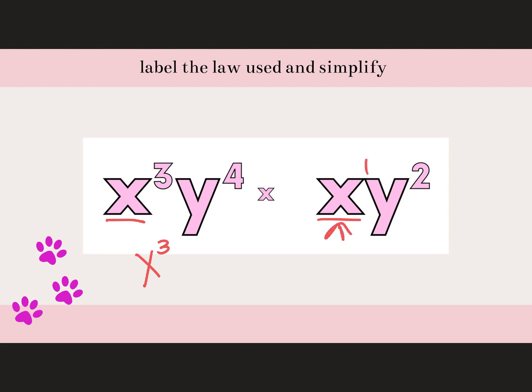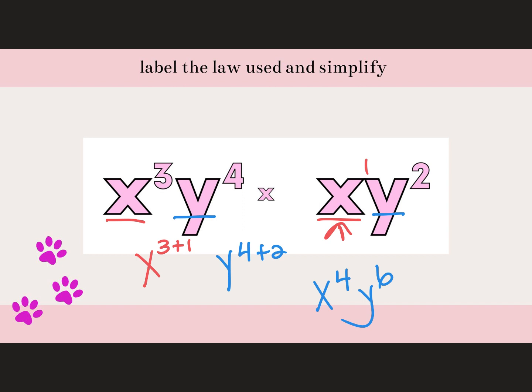You're correct if you told me 1. So I have x, 3 plus 1. And now I have the same with y, same base, add these exponents, y, 4 plus 2, and simply simplify. So I have x to the 4th power, y to the 6th power.